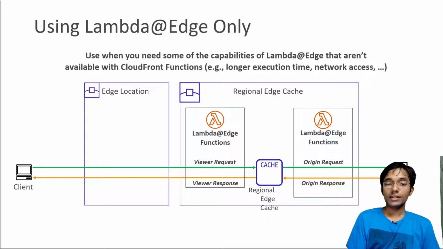In this case we cannot use CloudFront functions, because we cannot use both Lambda@Edge and CloudFront functions on the viewer request and responses. This is when you need capabilities of Lambda@Edge that are not available with CloudFront functions. For example, if you need a longer execution time, network access, or third-party API calls, then you will be using the regional edge caches and Lambda@Edge functions.